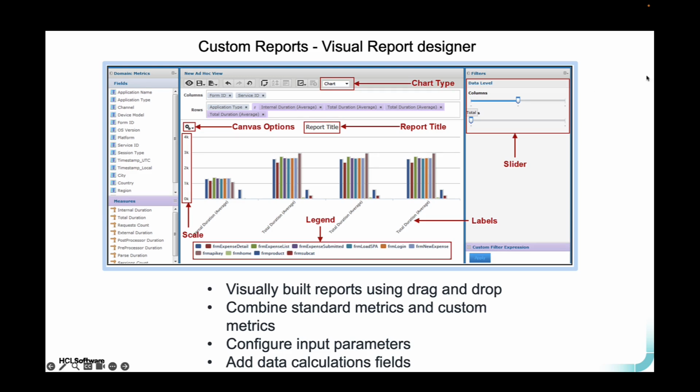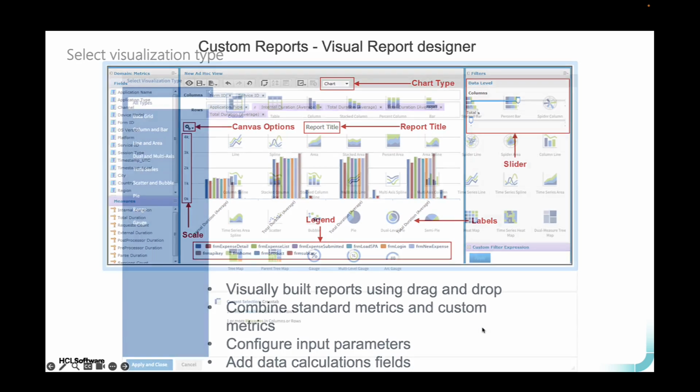You can also use them as input parameters when the report is run as a report, so to speak. And you can do data calculation. So for example, if it is a measure, like number or total duration, you can do a sum or average or any other arithmetic operation. We'll see more details while seeing the demo.